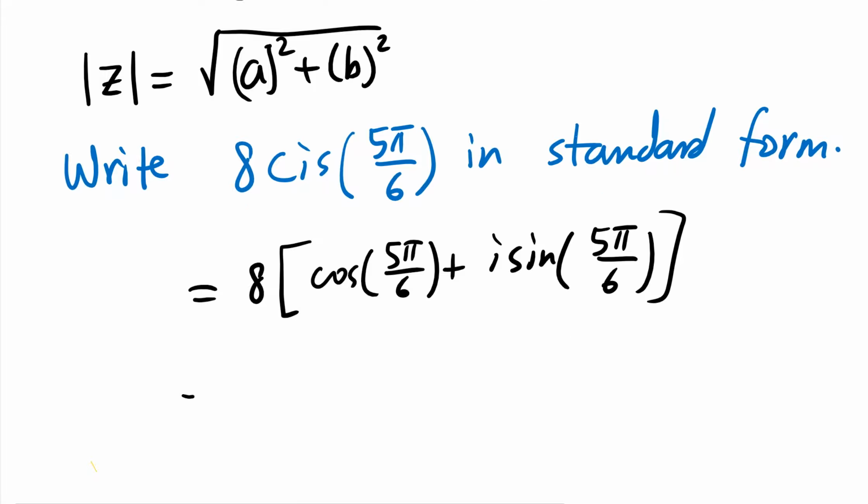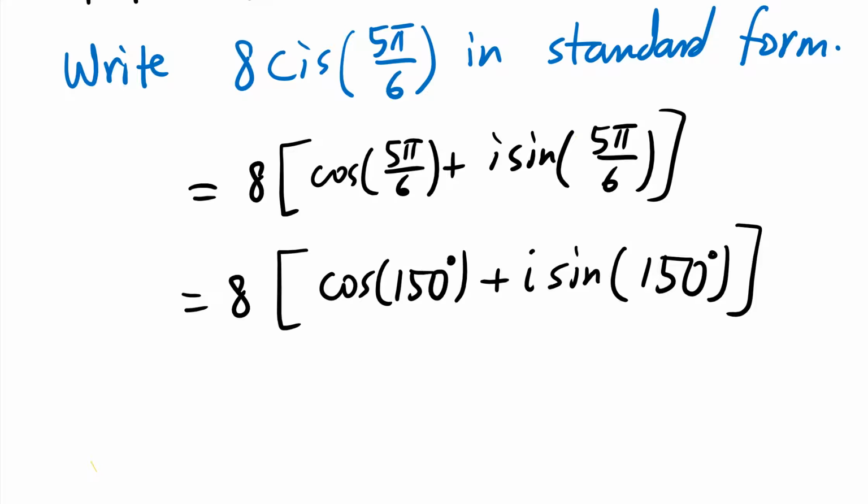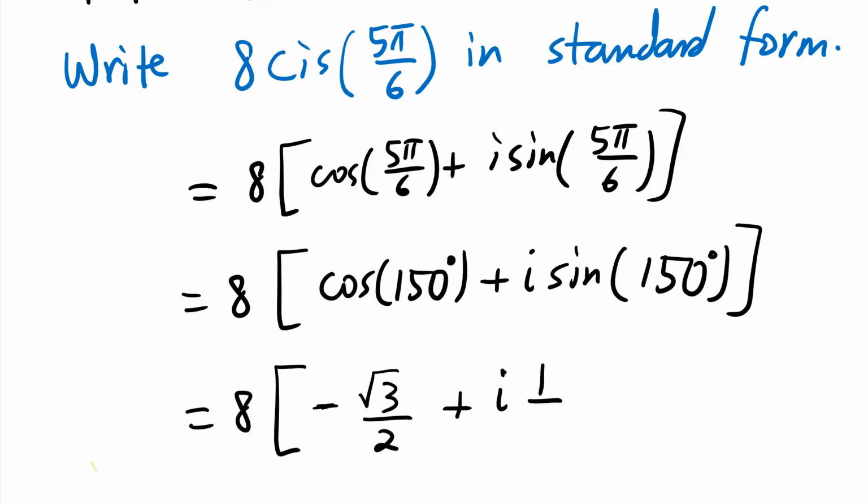What's 5 pi over 6? It's 150 degrees. What's cosine 150? It's going to be negative square root of 3 over 2, and i sine 150 is 1/2.